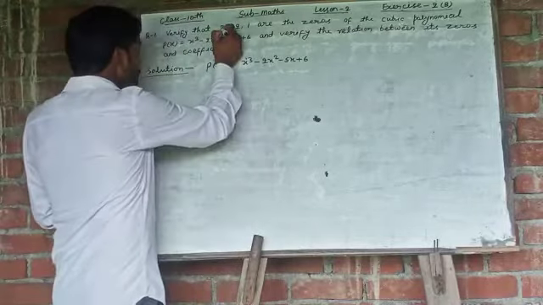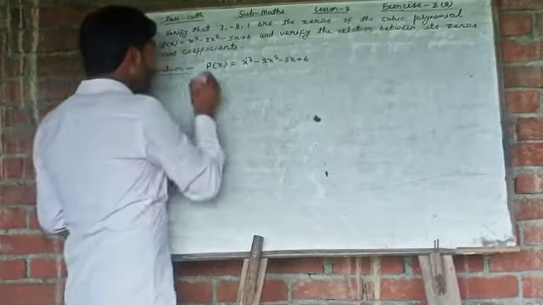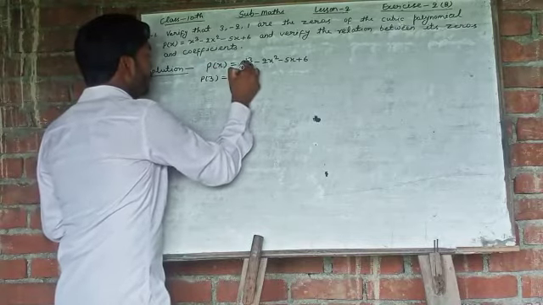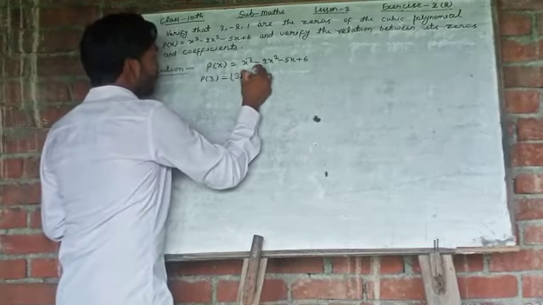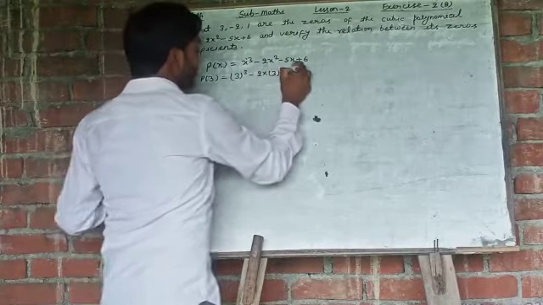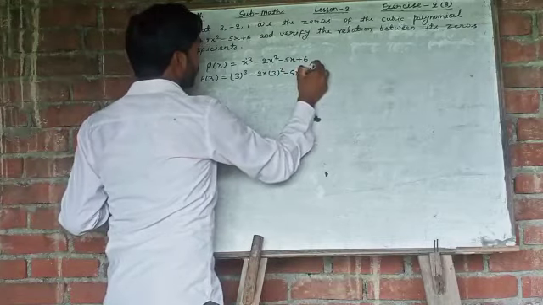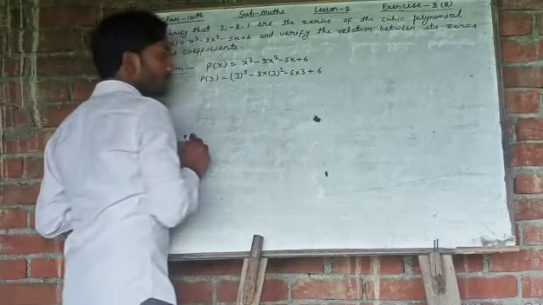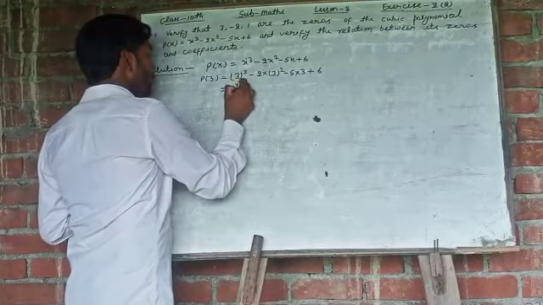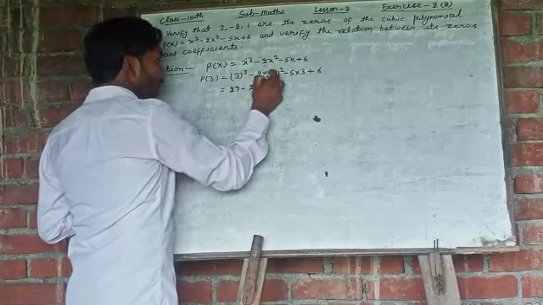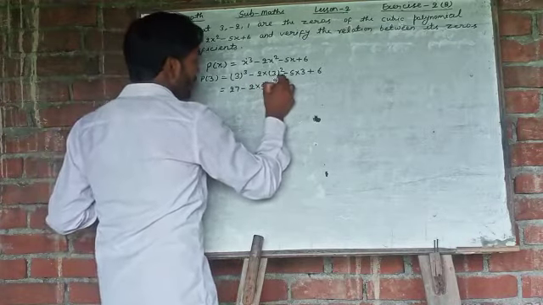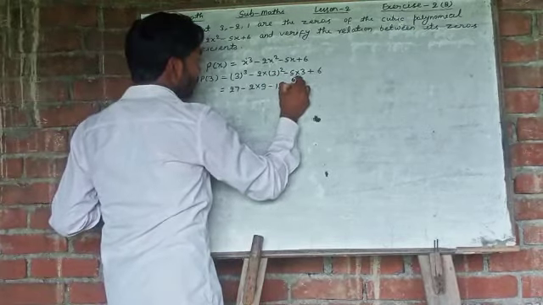First of all, we will put 3. So p(3) = 3³ - 2 × 3² - 5 × 3 + 6. From here, 3³ means 27, minus 2 into 3² which is 9, and here minus 15, and this one plus 6.